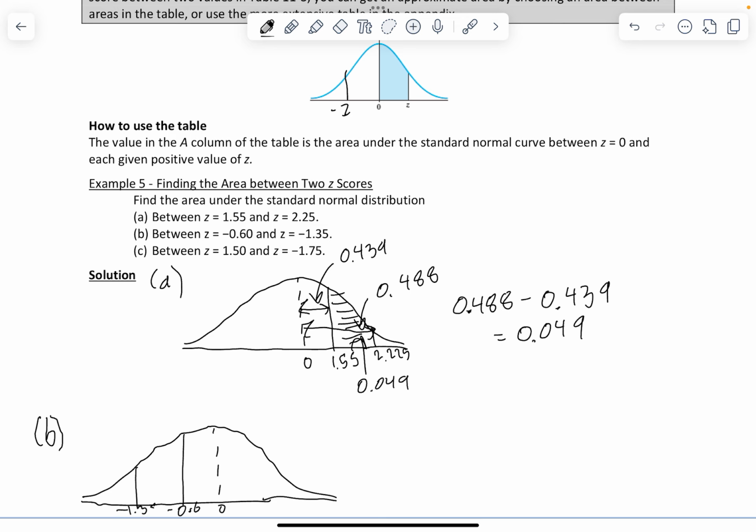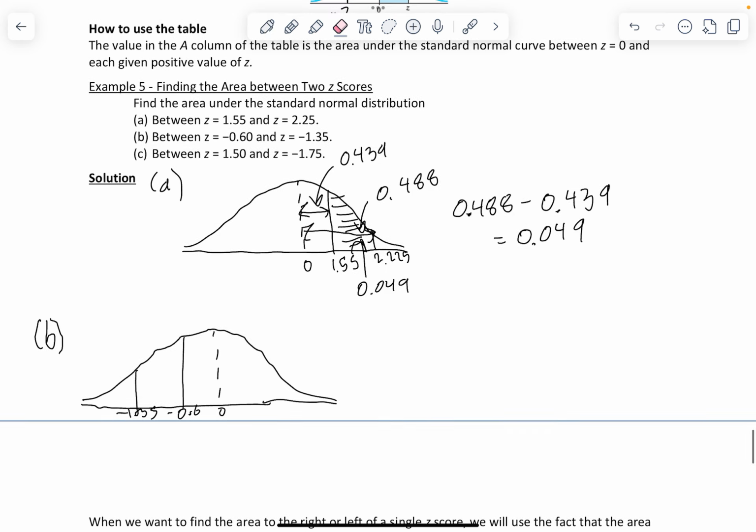Negative 1.35 would be about there. Oops. These numbers aren't showing up real well. Let's see if I can do a slightly better job here, maybe. Negative 1.35. Okay, so again, let's just shade the area we want. We want this area.